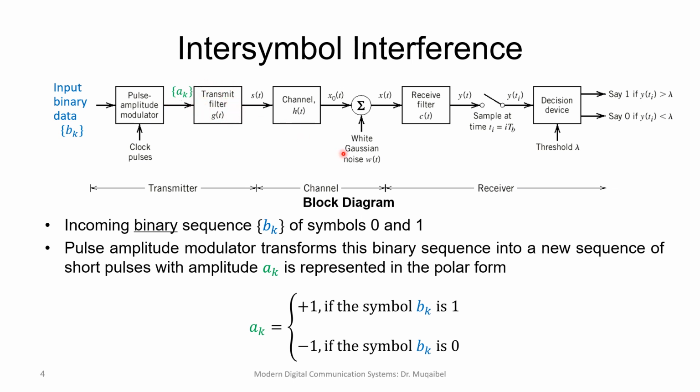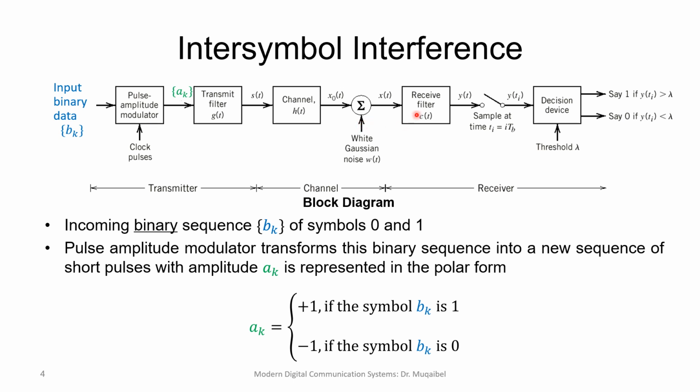We go through the channel. Additive white Gaussian noise will be added, and we assume we have an optimal filter. Because we'd just like to focus on intersymbol interference, we'll assume that we have an optimal way of dealing with the white noise. We have two problems, ISI, because of the band limitation of the channel, and we also have noise.